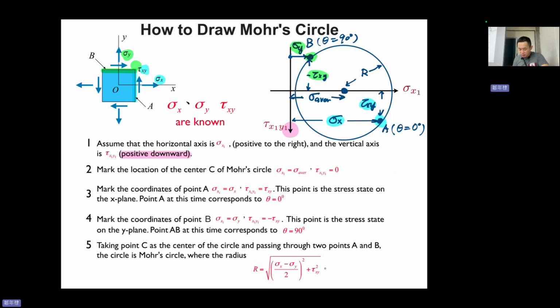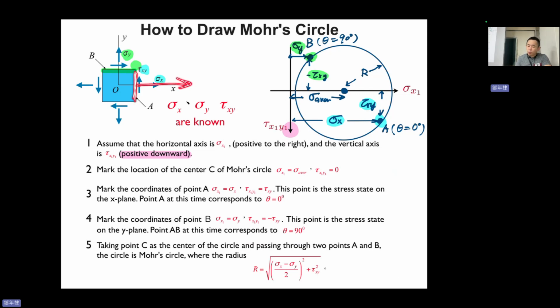And I believe you understand why, because you remember that we built up the right triangle for solving the tangent of 2 theta p, right? So you know this, and then you can find a circle here. But most importantly, you need to set up the theta equal to 0 point. Okay, so this point is theta equal to 0, your starting point, your first principal plane, this one.